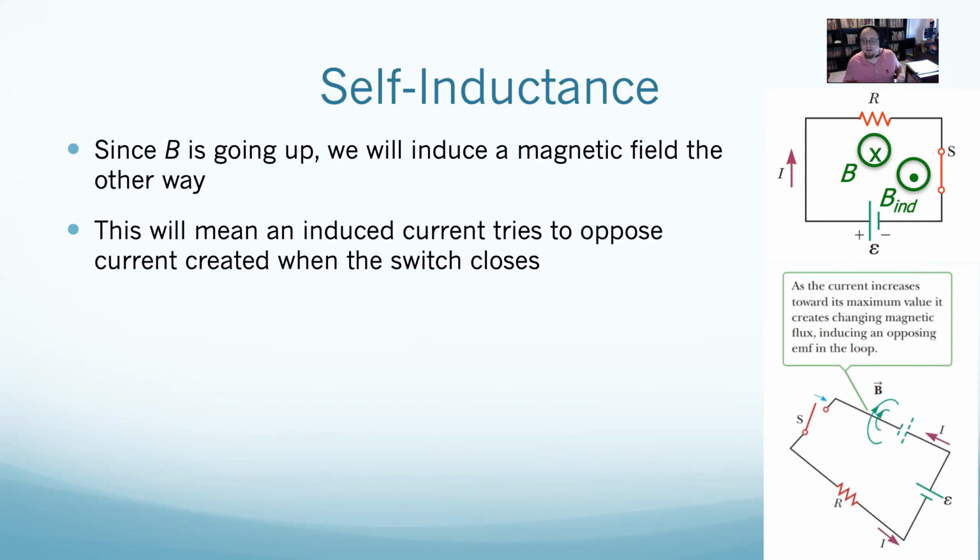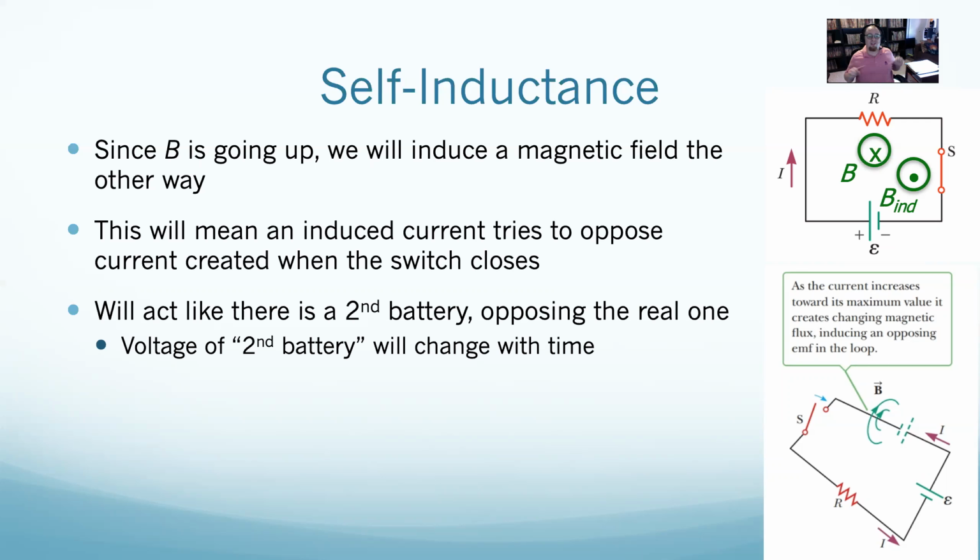But what that induced magnetic field means is an induced EMF. And so in the process of that switch closing, we're suddenly going to act as if there is a second battery in the opposite direction of the first one. Right when it closes, there's going to be the voltage of the battery and then another voltage, the induced EMF, in the opposite direction.